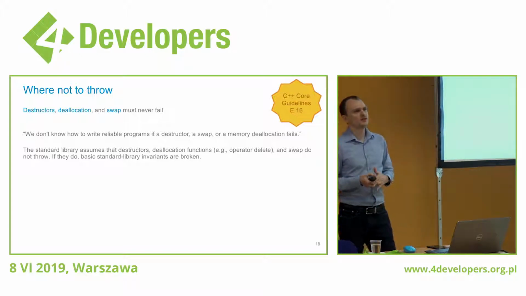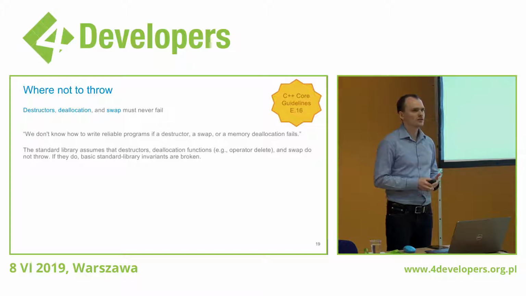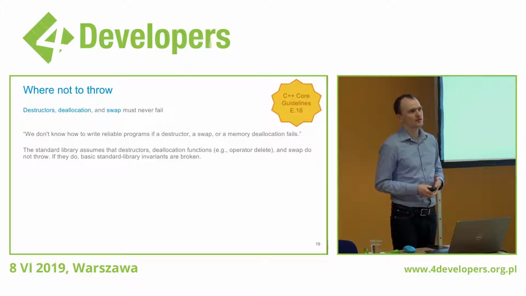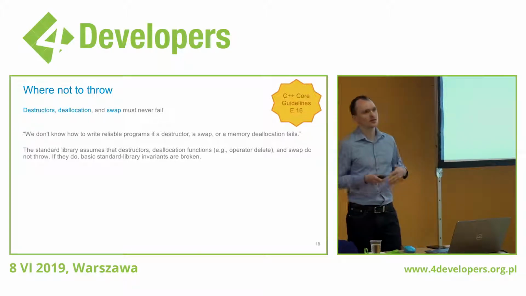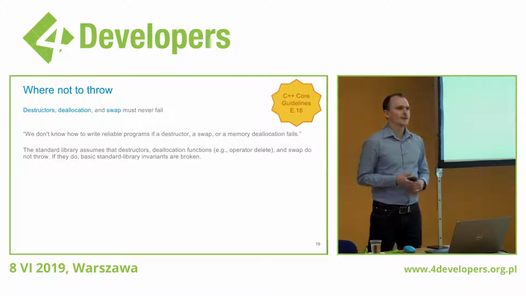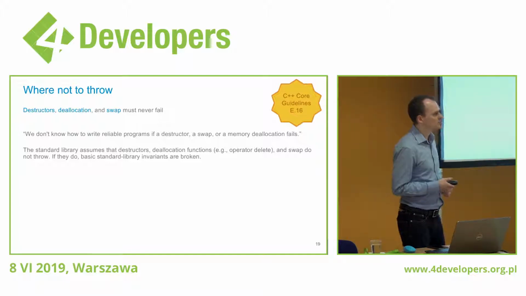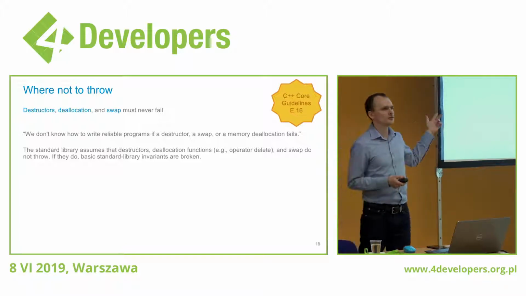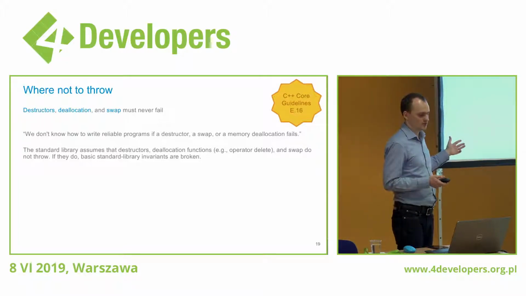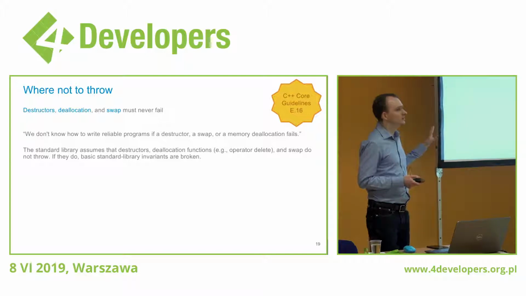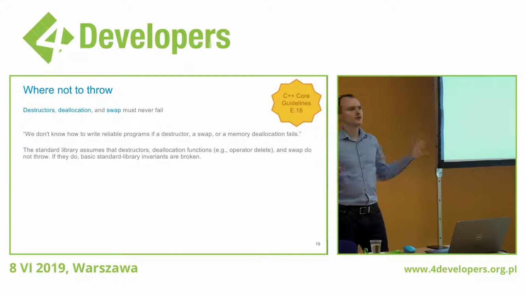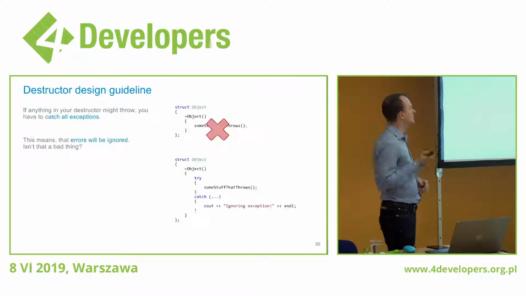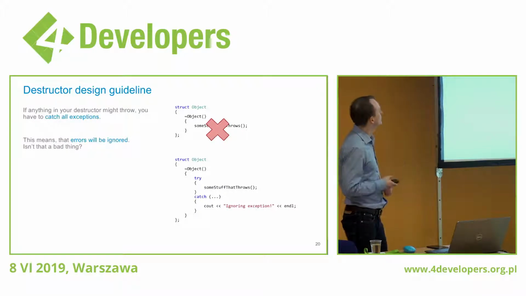So basically, we need those things to always succeed in order for us to be able to write programs that are reliable. So the standard library assumes that you don't throw from destructors, deallocation, and swap. If you violate this contract, you're in the world of undefined behavior. So don't throw from destructors.